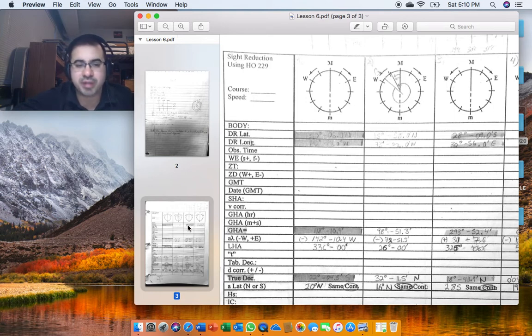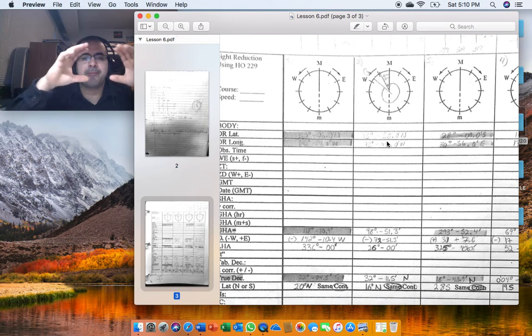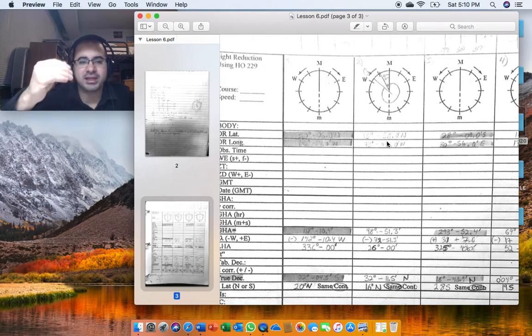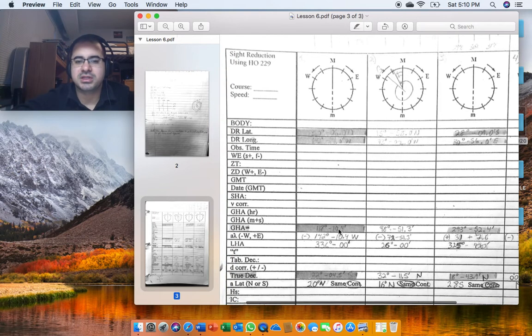If it was positive, if it was east, for example, this one is east, right? For west, what you want to do is subtract those minutes. For east, add the remaining to get to 60, because you want to get to the whole minute. So for 10, we bring it down to 0.